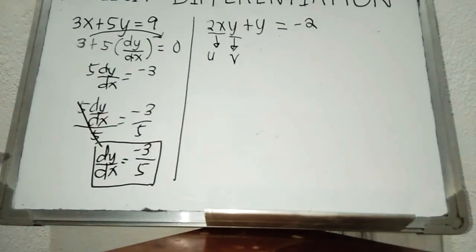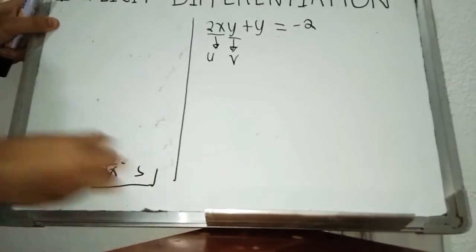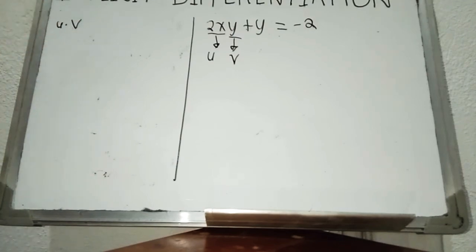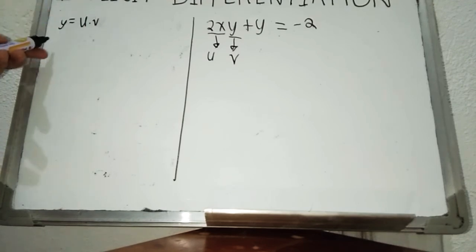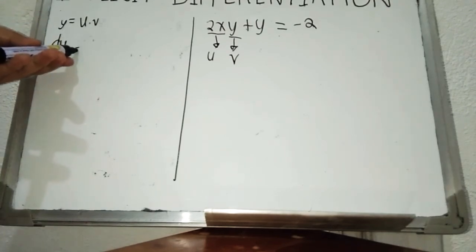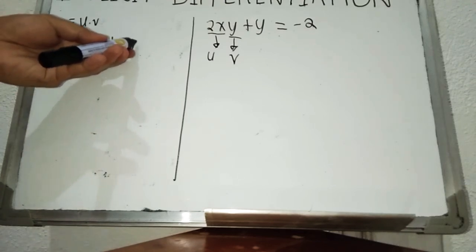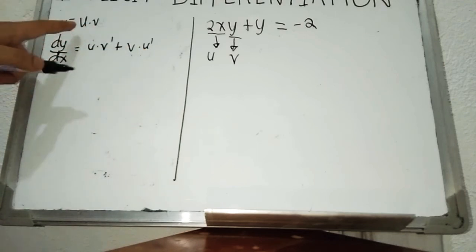And if you could recall the product rule, it says that if you have y is equal to u times v, in getting the derivative of y with respect to x, this is just u times v prime plus v times u prime, where v prime is the derivative of v function and u prime is the derivative of the u function.